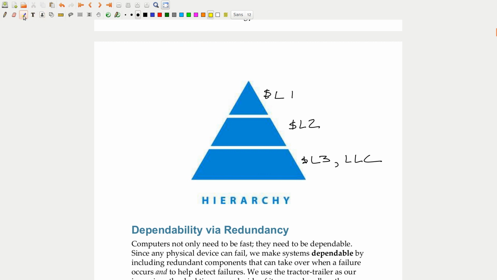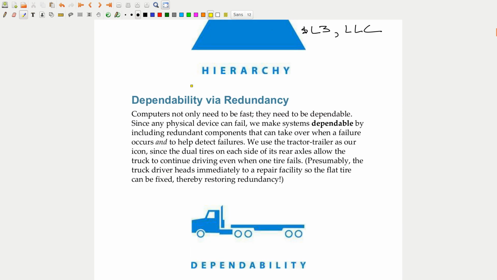So what's next? Dependability via redundancy. So this is going to be especially important when we're talking about servers, but it's also important with just computers themselves because memory has issues. You have to refresh memory.